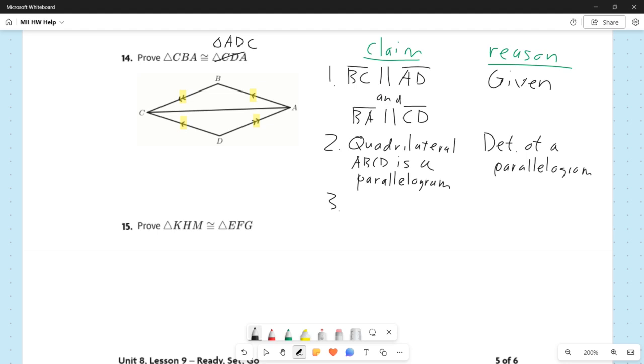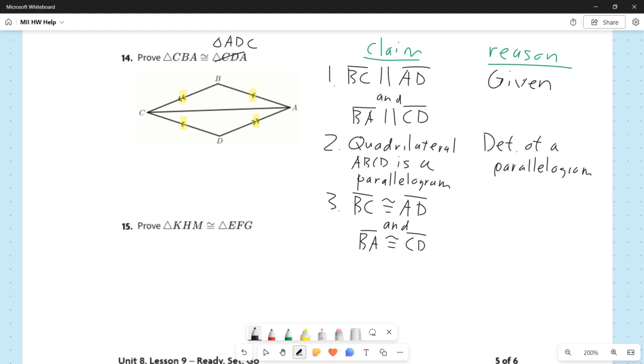So what that means is because BC is parallel to AD in this case, it also tells us that BC happens to be congruent to AD. And we also know that BA is congruent to CD. Fix that a little bit.